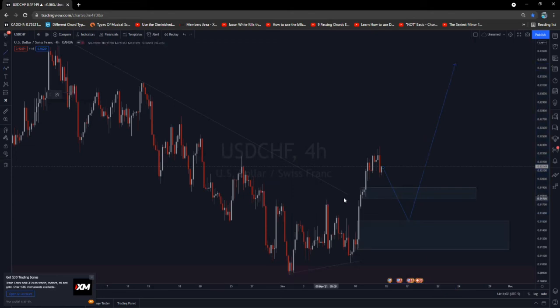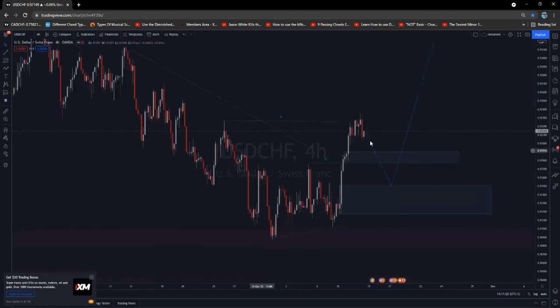We can confirm this. We have a break of structure over here, right? We also have a break of structure over here. So all that the market has to do now is just find an order block. If you look at your fibs, we've taken liquidity actually.